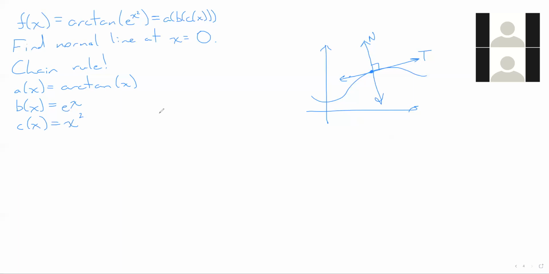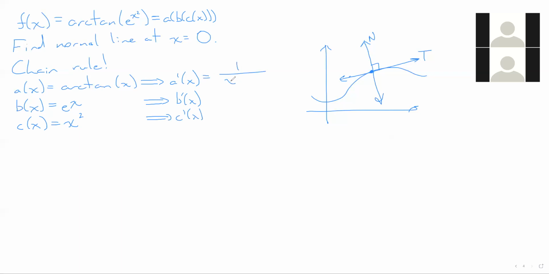Would we take the derivative of each function working backwards from the center? Yeah, so really, we do need them all individually, so we'll go ahead and do that. What's the derivative of arctangent of x? 1 over x squared plus 1. Yep.